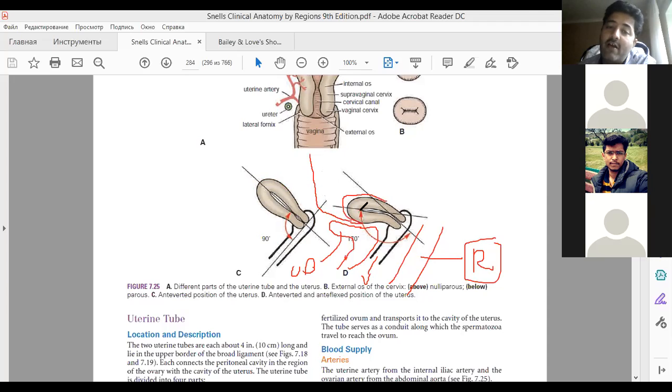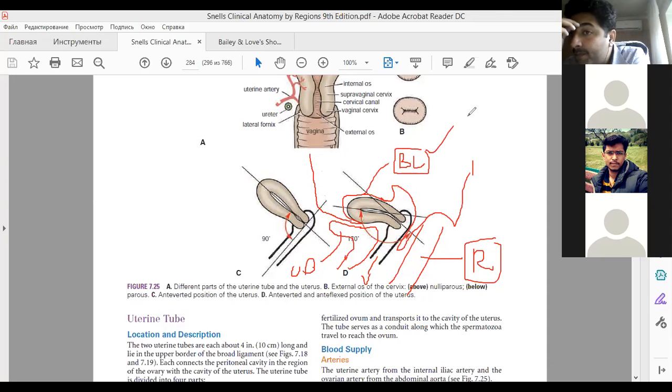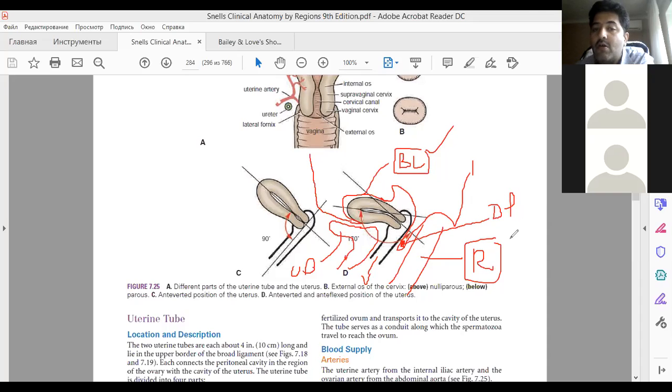Now these two layers of peritoneum which are covering the uterus, going downwards and upwards, this double layer of peritoneum is known as the broad ligament of the uterus. And this pouch which is forming here is known as the Douglas pouch.